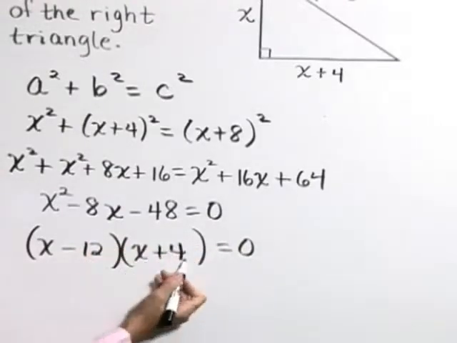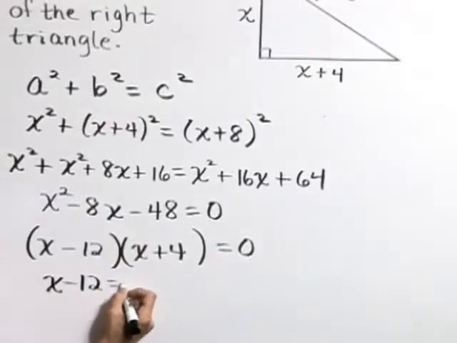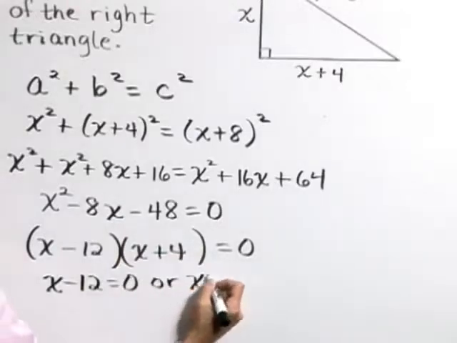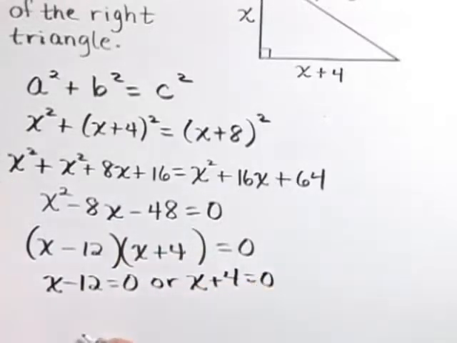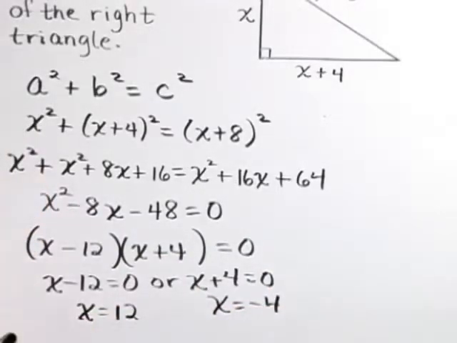Quickly checking our inner and outer products, negative 12x plus 4x gives that middle term negative 8x. So now for our zero factor property, x minus 12 is equal to 0, or x plus 4 is equal to 0. That yields x equal 12, or x is equal to negative 4.